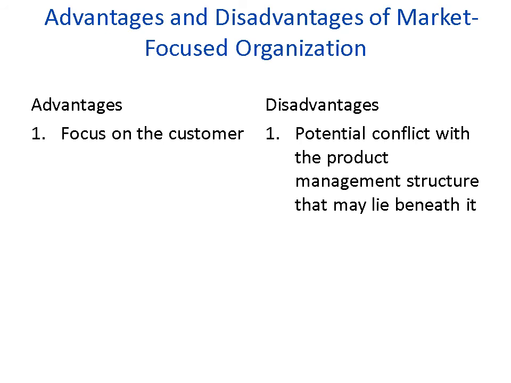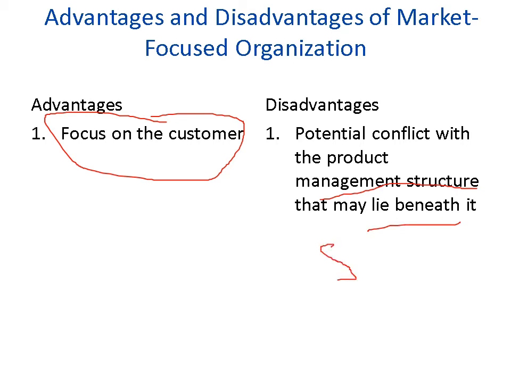The next is the advantages and disadvantages of a market focus. This is more focused on the customer. The disadvantage is the conflict with the product management structure that may lie beneath. What does it mean? It means to say, for example, your segment is Asia.